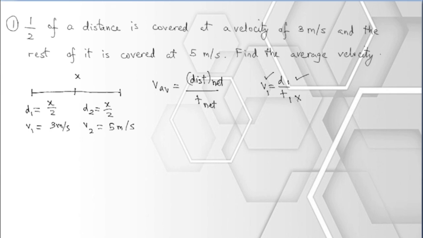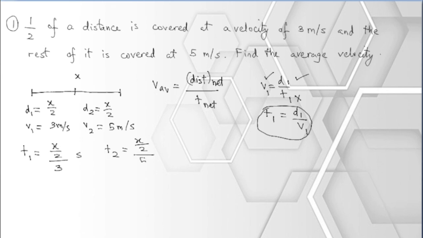So first let us find t1. We can write t1 equals d1 by v1. Using this time equals distance by velocity formula, t1 equals x by 2 by 3 seconds, and t2 is x by 2 by 5 seconds.